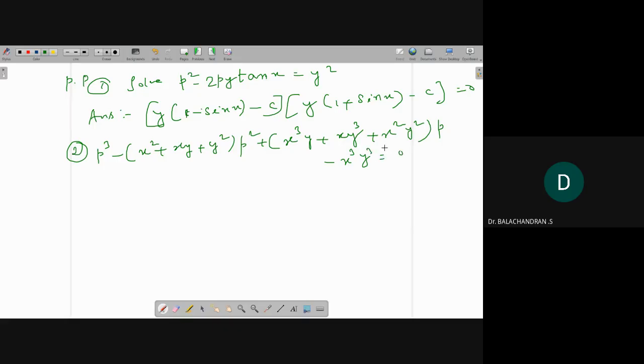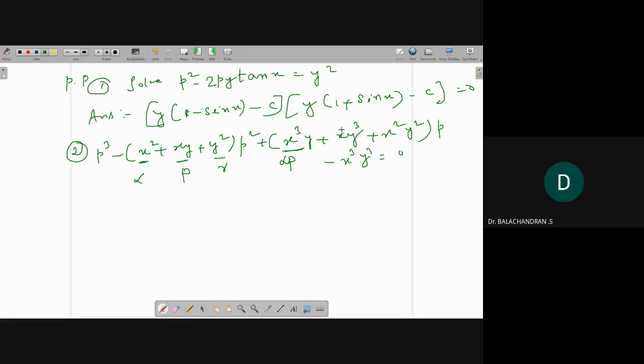So take this as alpha, this is beta, beta is xy, gamma is y square. And hence this is alpha beta.